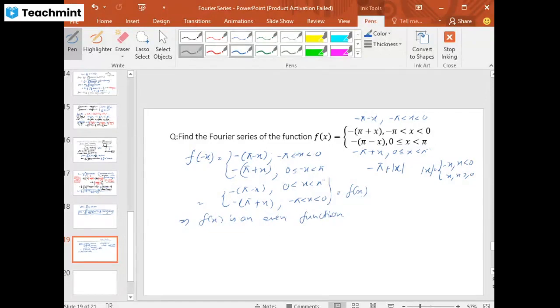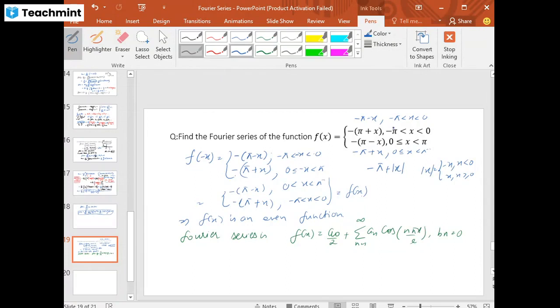And in case of an even function, the Fourier series is given by f of x equal to a naught by 2 plus summation an cos n pi x upon L. That is, in this case, the value of Fourier coefficient Bn is 0.